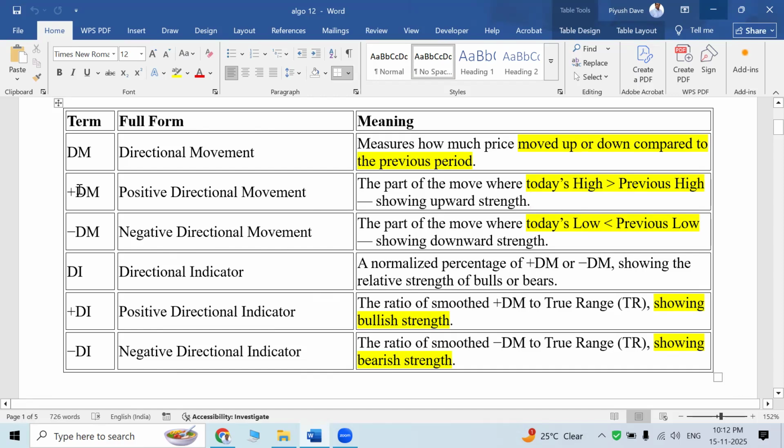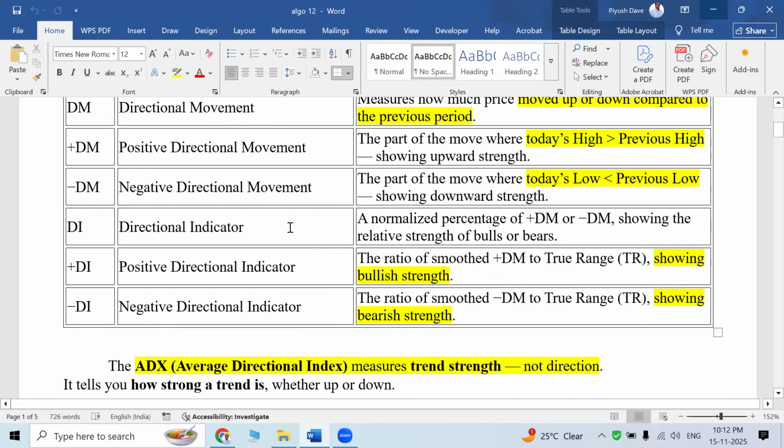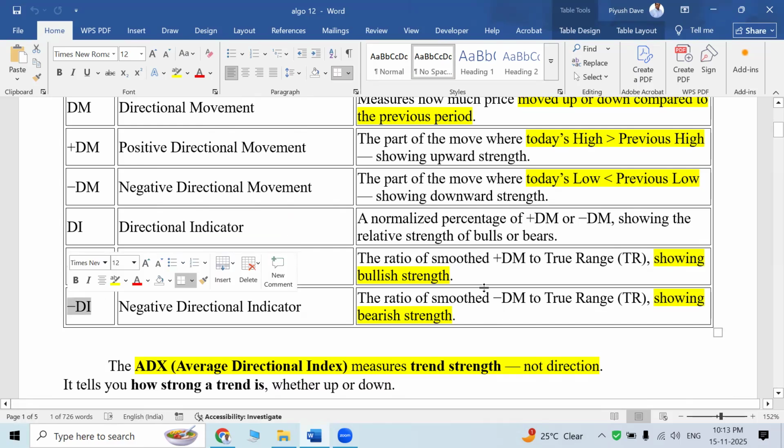From DM plus and DM minus, we find DI, which is a normalized value of plus DM and minus DM. From this we get plus DI and minus DI. Plus DI is considered bullish strength, and minus DI is considered a bearish trend.